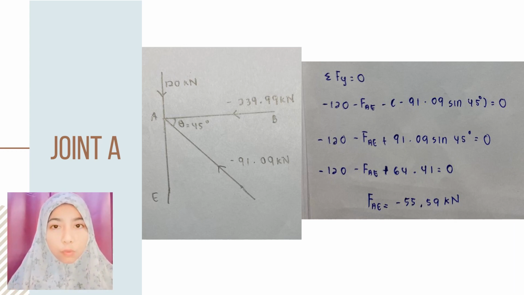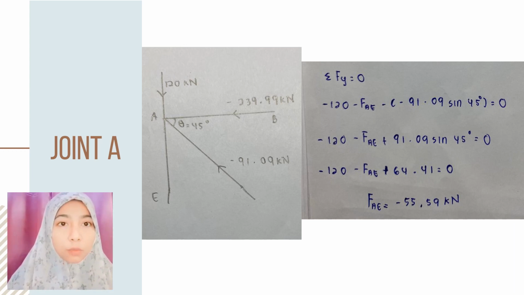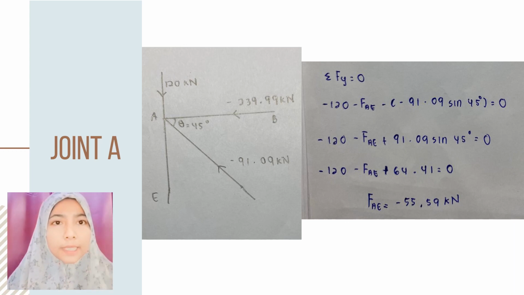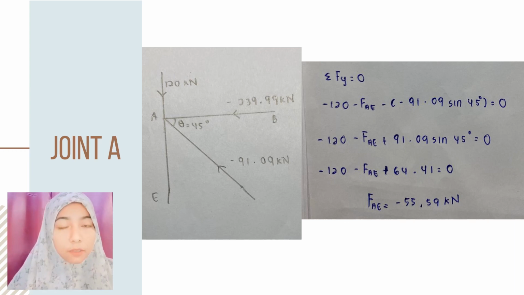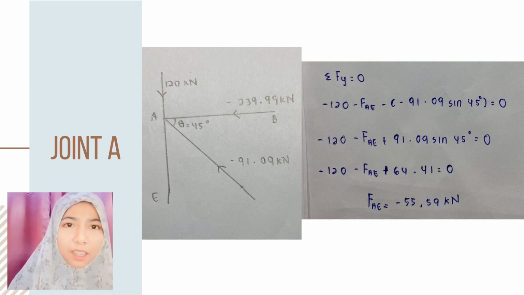Here it shows that FBA is negative 239.99 kilonewton, which we calculated at joint B. The negative 91.09 kilonewton, we calculated at joint F. To find joint A, we take negative 120 kilonewton minus FAE minus 91.09 sine 45 degree, and the final answer is negative 55.59 kilonewton for the value of joint A.